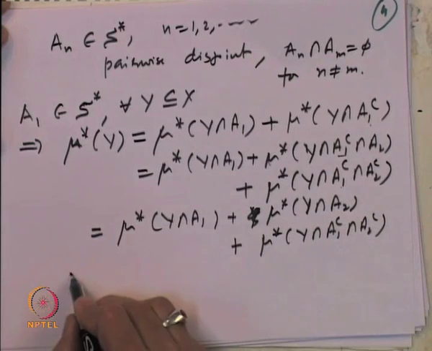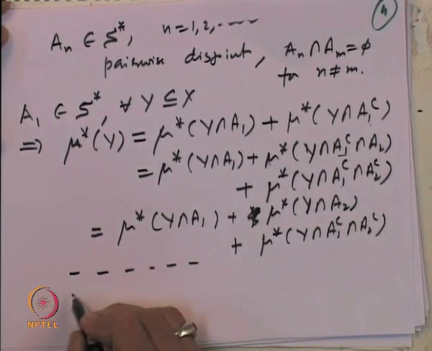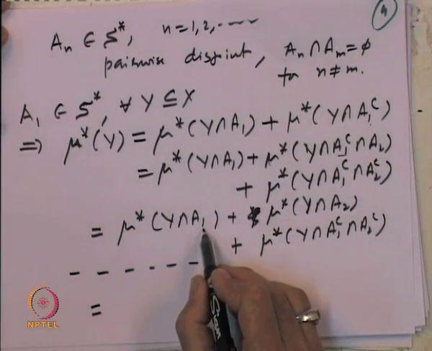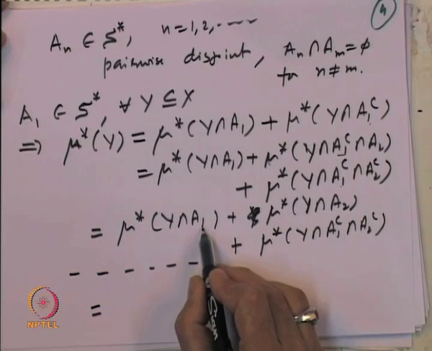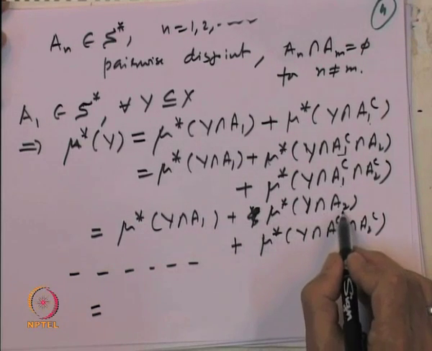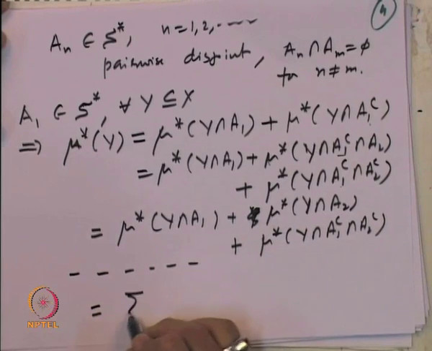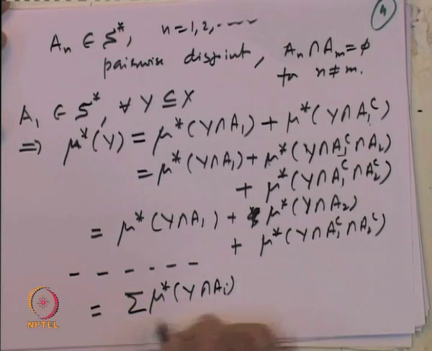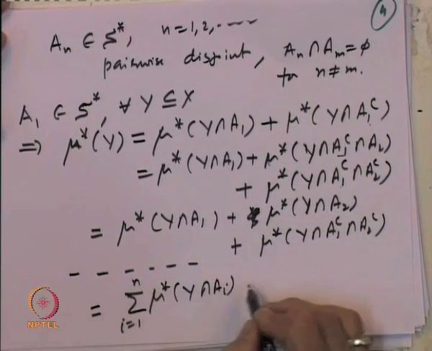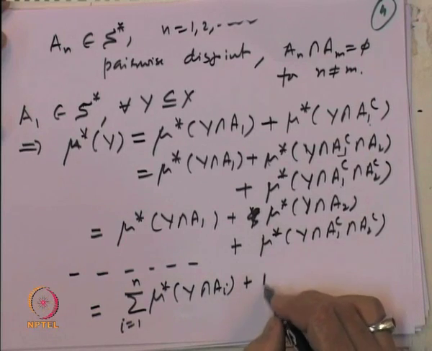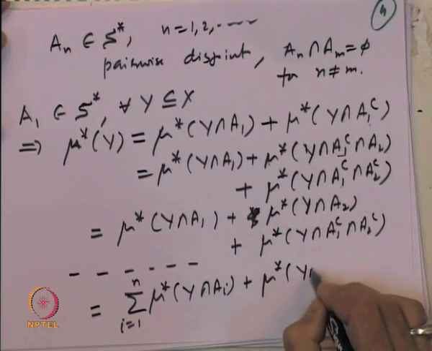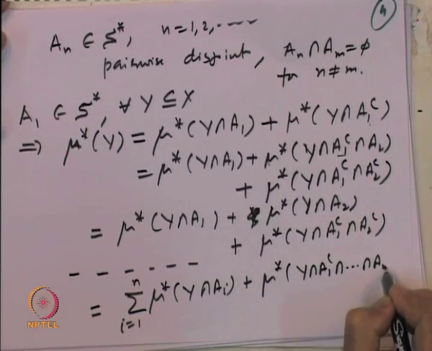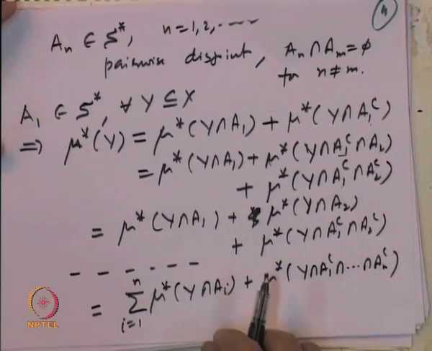We continue this process. If we continue this process, after n steps we will have, the second step gives you mu star of y intersection A 1 plus mu star of y intersection A 2. So, after n steps this will have the sum of mu star of y intersection A i, i equal to 1 to n, plus one term which is mu star of y intersection A 1 complement intersection up to A n complement.